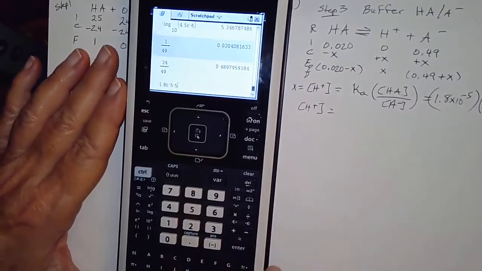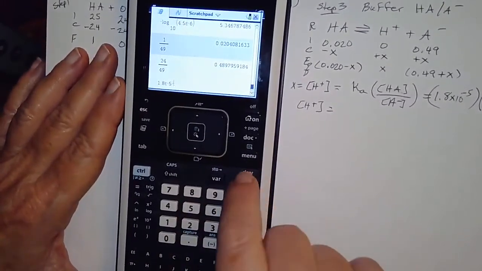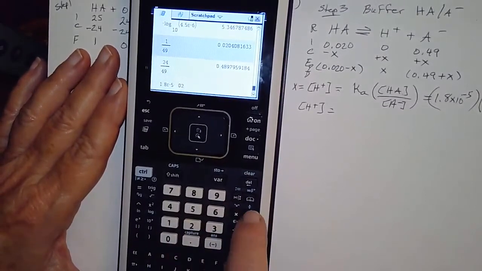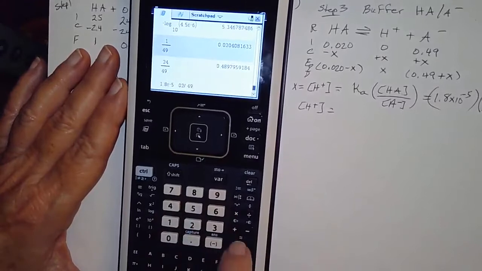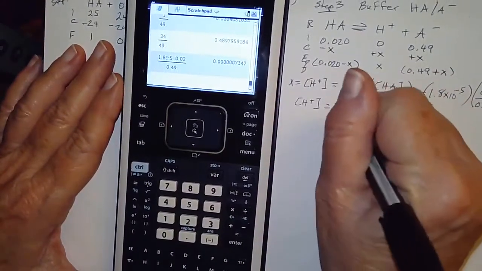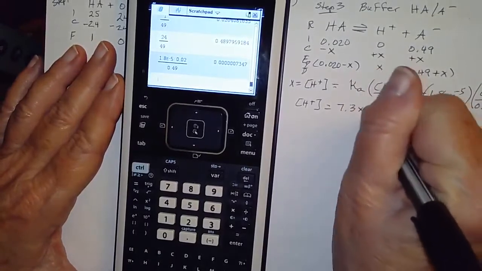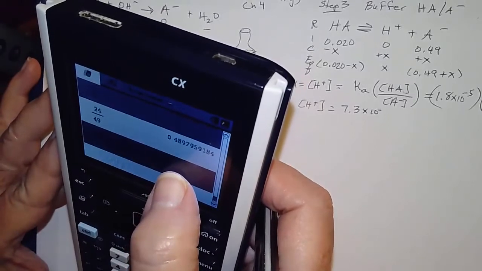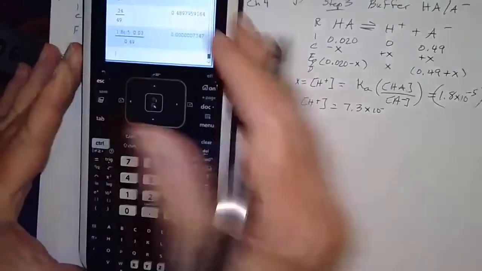Then I'll plug in my exponent. Oh, I already did that part. All right, times 0.02 divided by 0.49, and that gives me 7.3 times 10 to the minus 7.